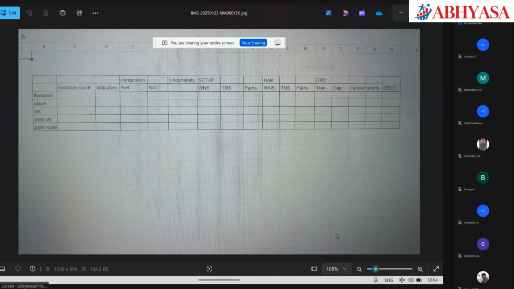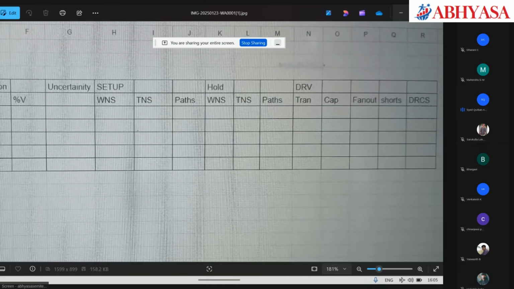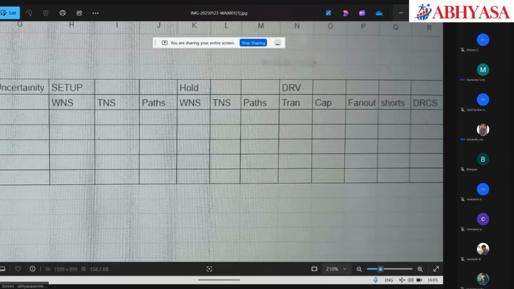Fan out is anyways one of them. What else comes under DRV? It is written here. Shorts, no. Okay, shorts you can give. Only transition, cap, and fan out. Max trans and max capacitance.